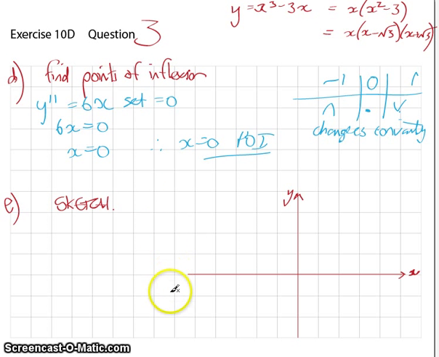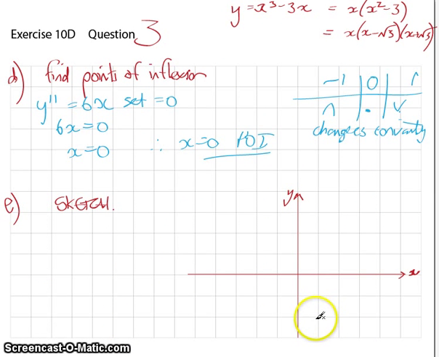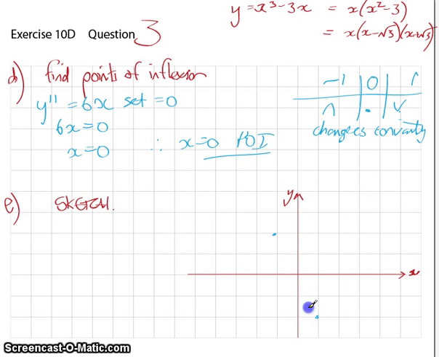Now I need to sketch and put all that together. What I've already found is that at the points 1, minus 2 and minus 1, 2, there are turning points. Remembering that at the 1 it was a minimum, so here it's a minimum, here it's a maximum.